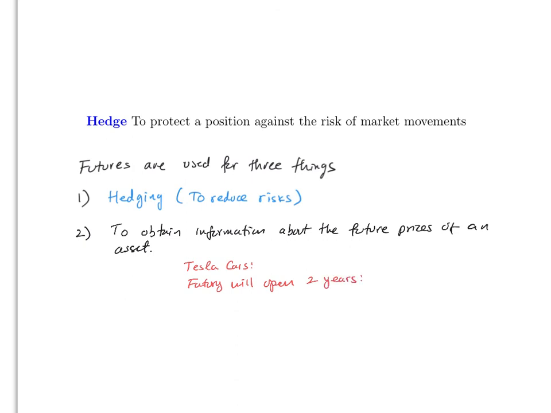So you can now go to the Chicago Exchange and see what will be the price of lithium in 2 years, what will be the future price, and from there you can determine whether it will be profitable or not to open the factory in the first place. And the last use of futures is to speculate, or speculation, which is technically gambling, and we'll talk more about this later. And that's it.